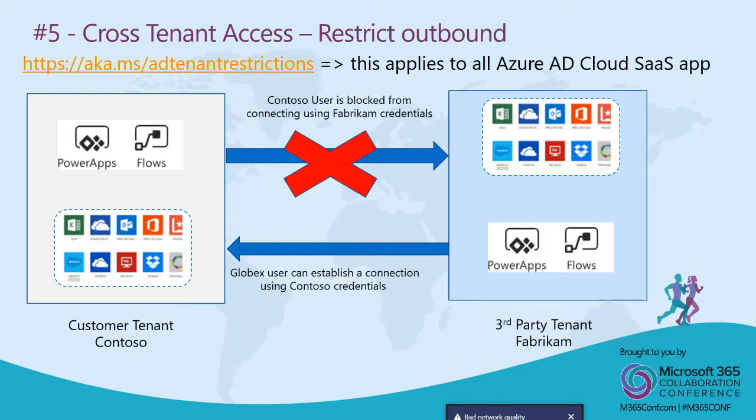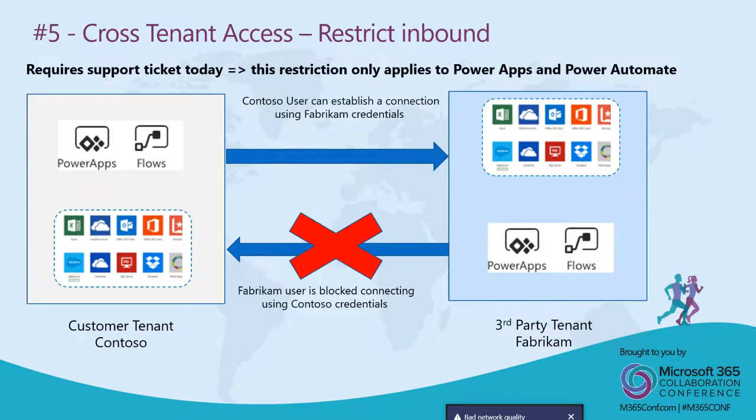For example, with cross-tenant outbound restrictions, users are blocked from connecting with other tenants, while with cross-tenant inbound restrictions, outside users would not be able to connect with your tenant.